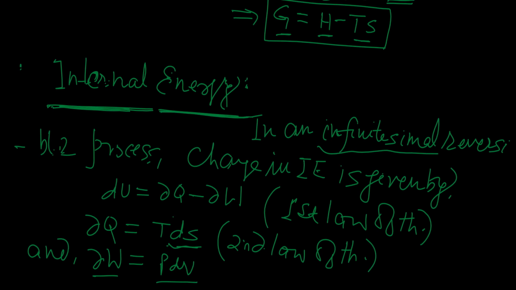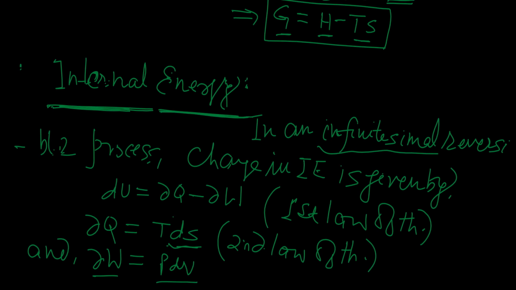In fact, why this name internal energy? We can say that when a system apparently shows no mechanical energy, if you observe a system and you feel that the system has no mechanical energy, no energy appears, but still the system is capable of doing work, it means definitely the system possesses energy, because you know energy is the ability to do work.